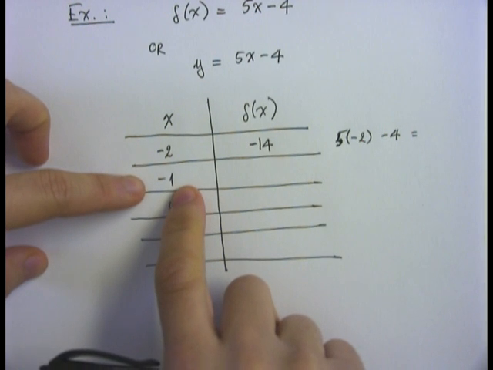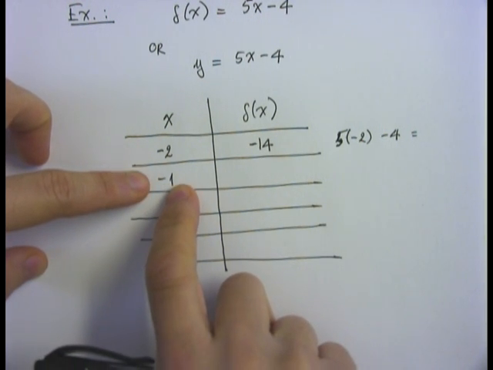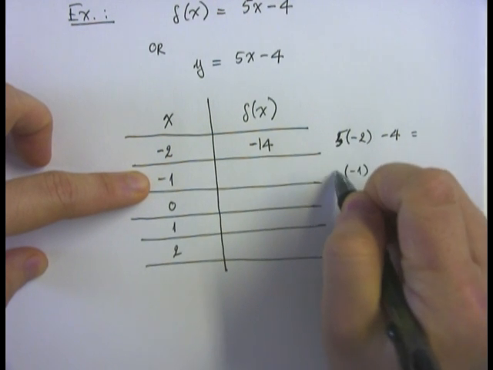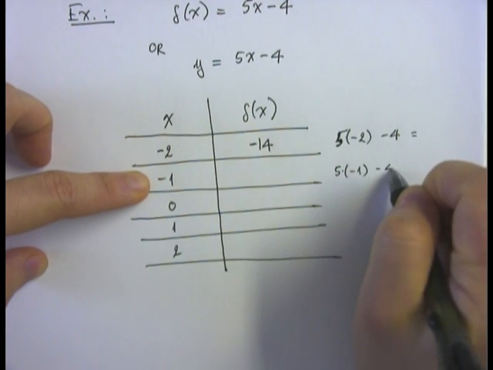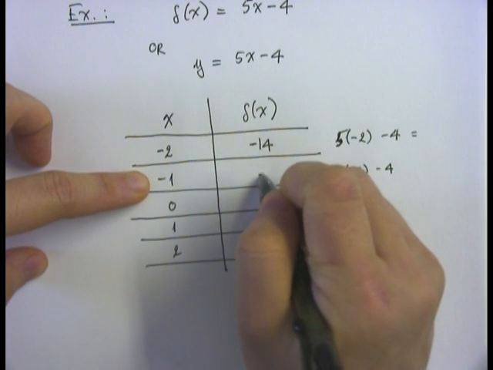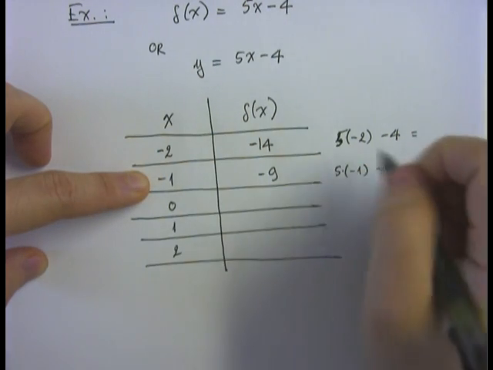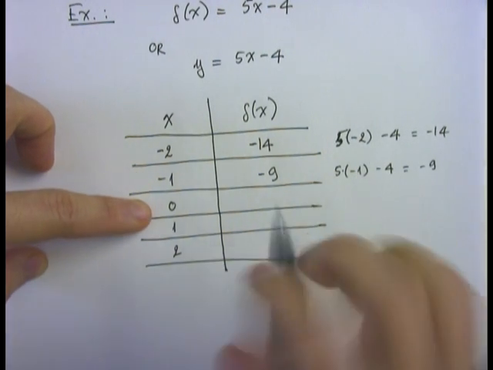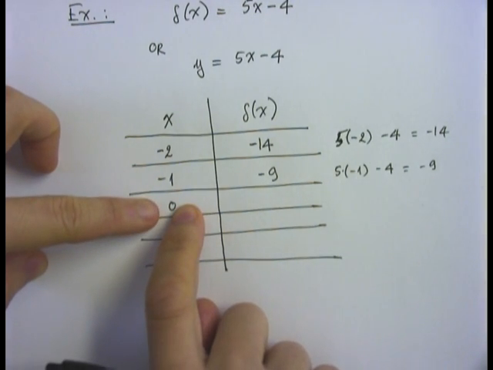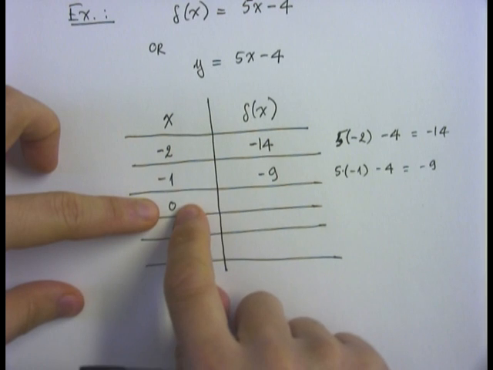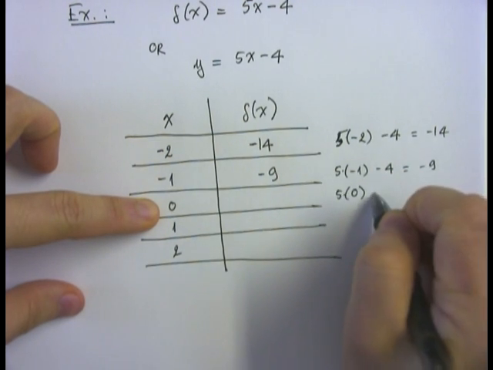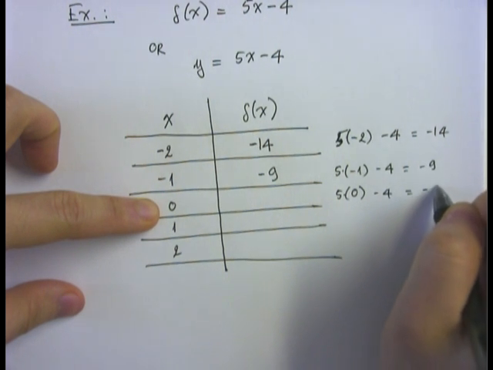Now similarly, when x equals -1, this is a different input value. You multiply that input by 5 and subtract 4 from it, and this time it gives you -9. Then when x takes value 0, you go 0 times 5 minus 4, and your answer is -4.